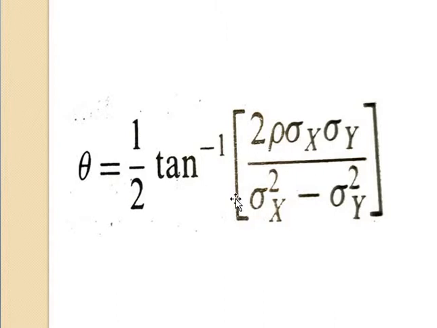This rotation is sufficient to convert the correlated x and y variables, with their variances and correlation coefficient rho, into variables whose joint density is statistically independent.